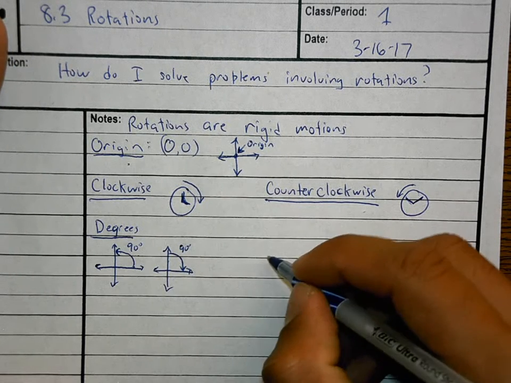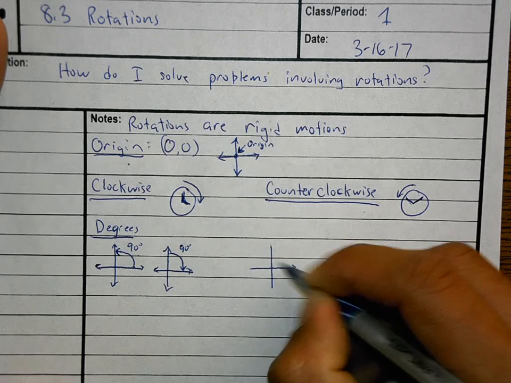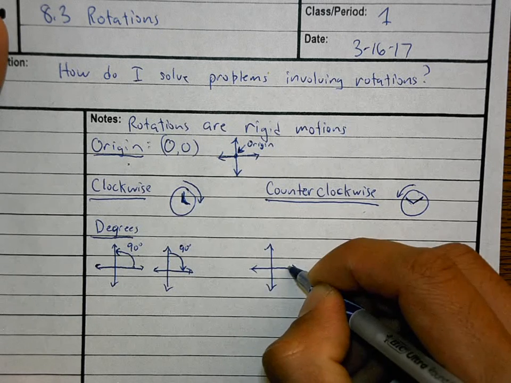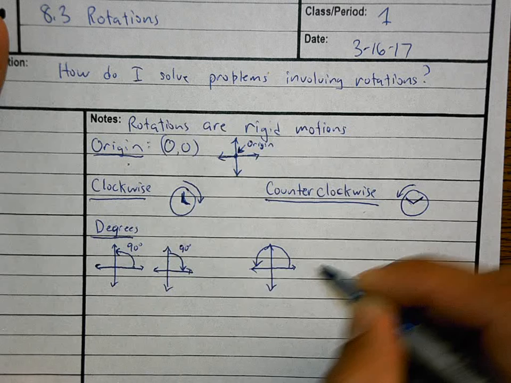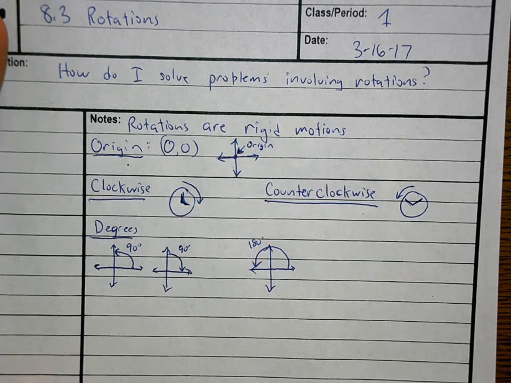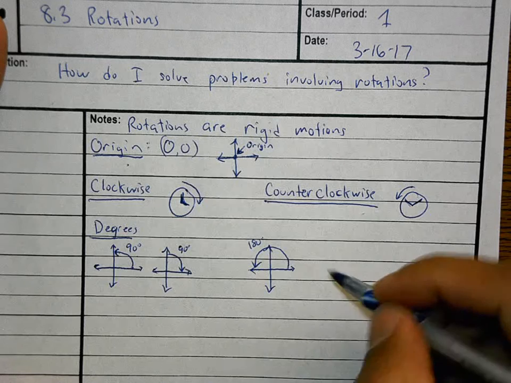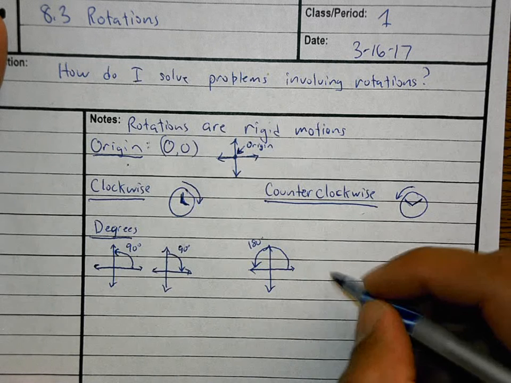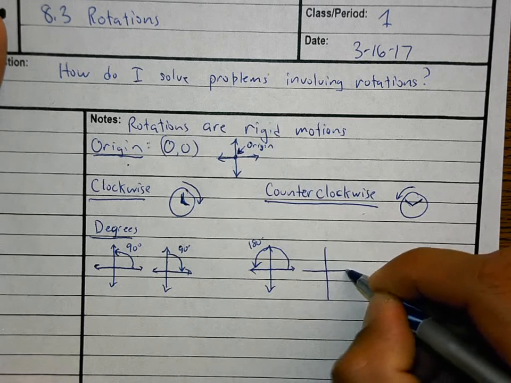180, on the other hand, is where you go from one side of the axis to the other side of the same axis, either clockwise or counterclockwise.